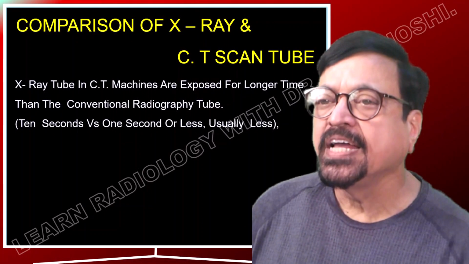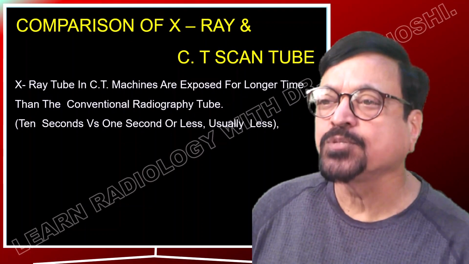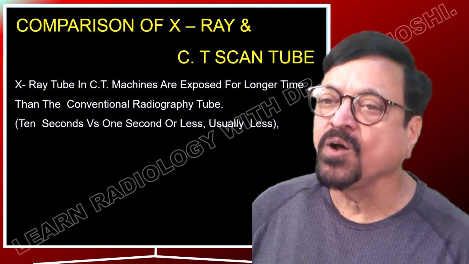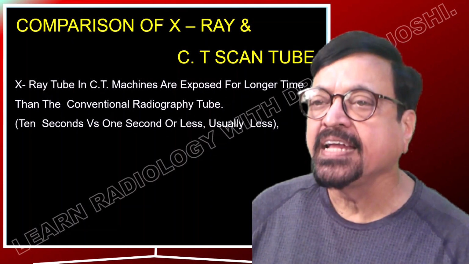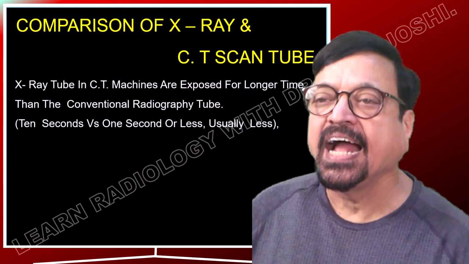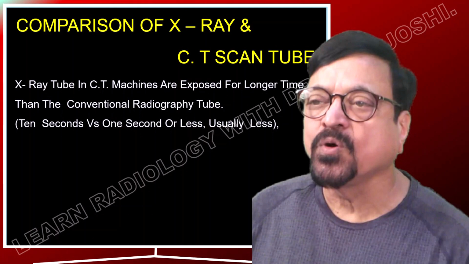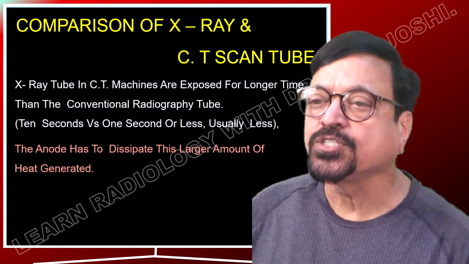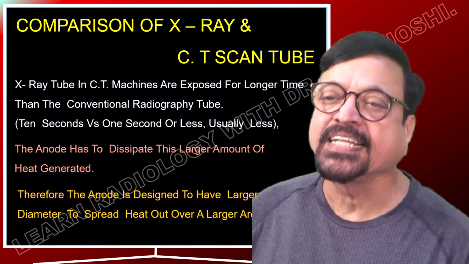Now, X-ray tubes in CT machines are exposed for a longer time. That is, the exposures are long, so they are more with mA, they are more with mAs, because the exposures are long, and therefore they are more than that of the conventional. The anode has to dissipate this large amount of heat that is generated.